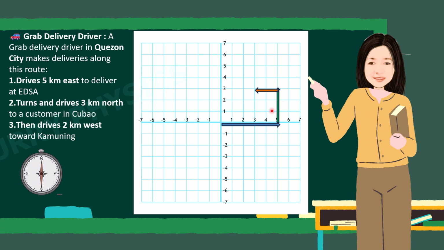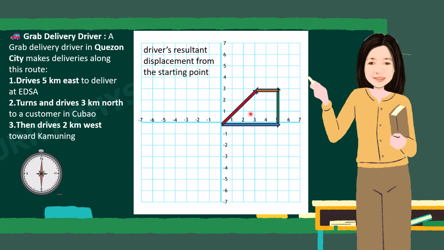Now, to get the resultant displacement of the driver, or the resultant vector, we connect the tail of the first vector to the head of the last vector. So this will be the driver's resultant displacement from the starting point.